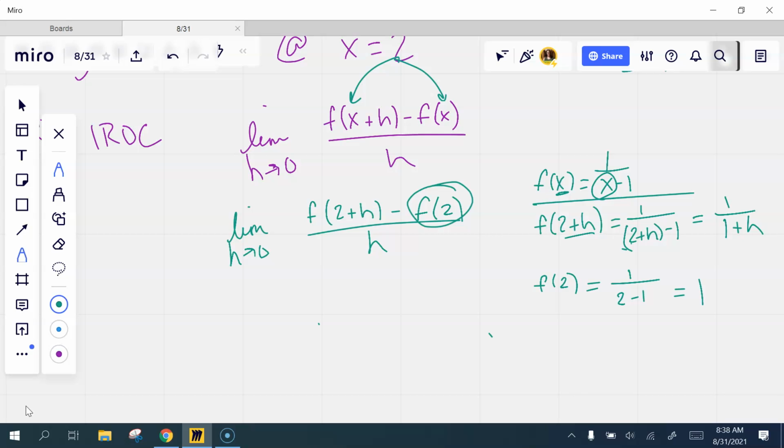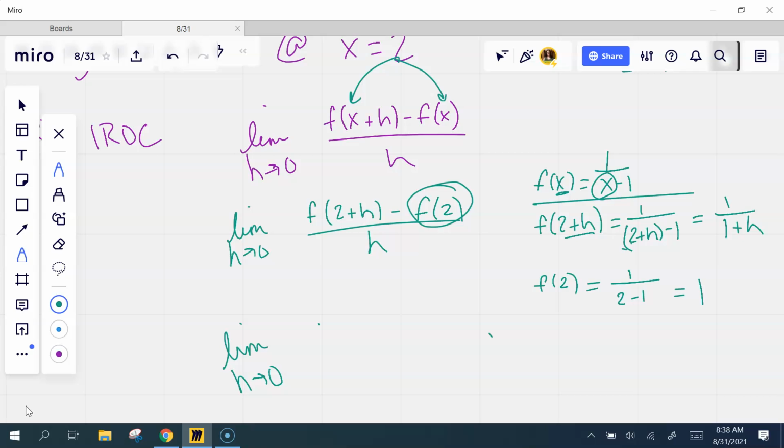Okay, so plug in that 1 over x minus 1 for every place there's an x. You see how there's the 2? You say f of 2, so we know that x is 2, so we plug in the 2.